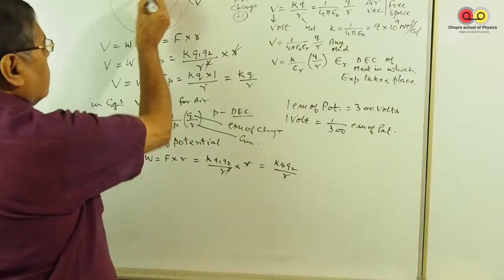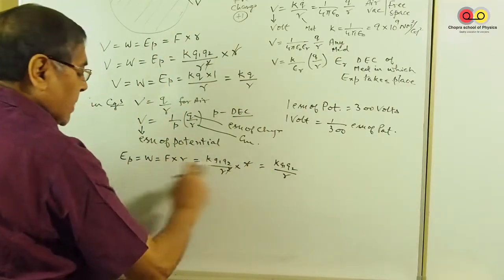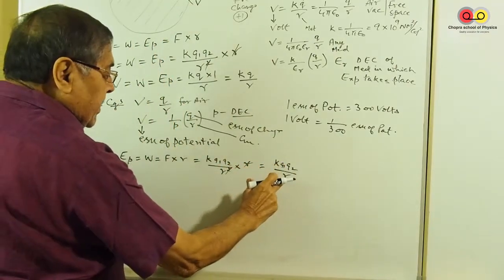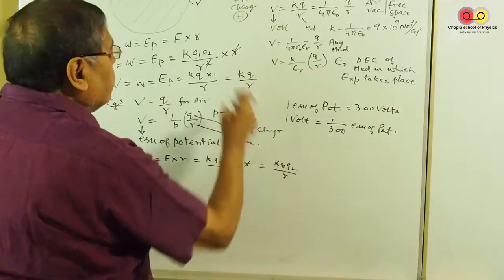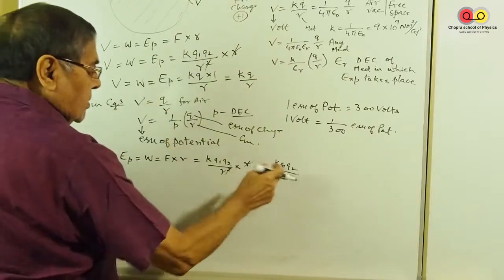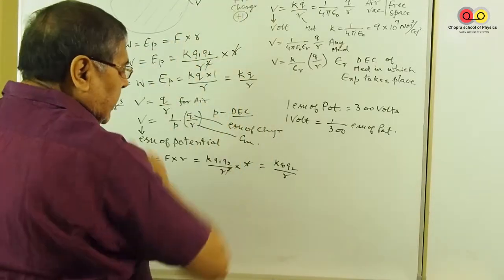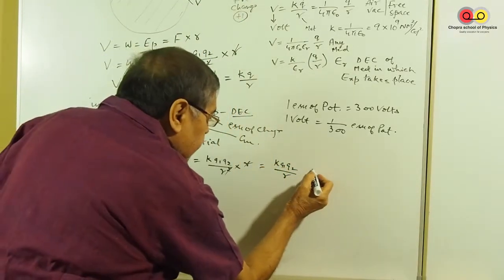Q1 is the source charge, and Q2 is brought from infinity, that is from outside the field. Now this is calculated in joules.